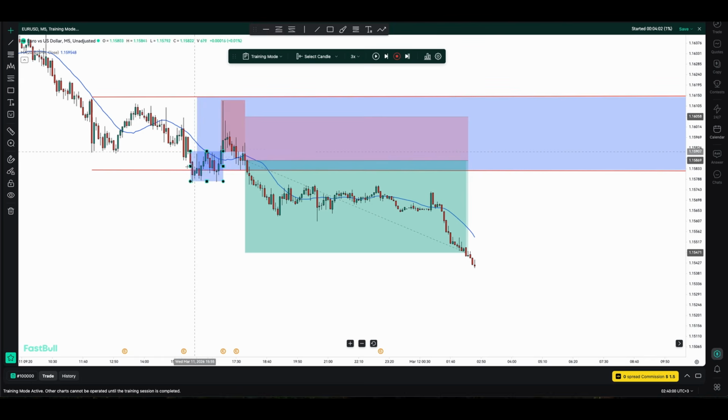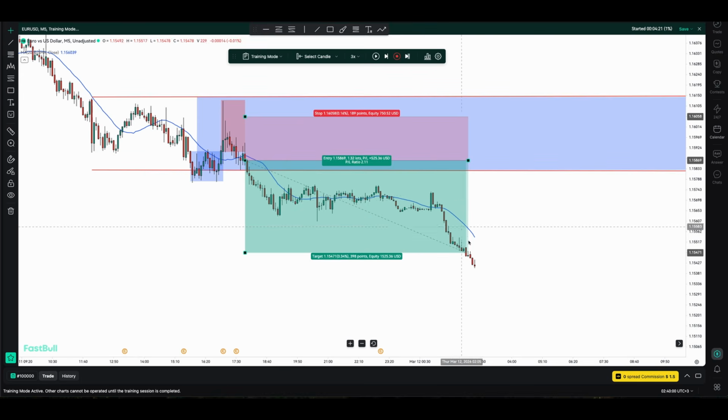You see that there was accumulation here, and then there was a manipulation there above the moving average, and then when price breaks below the moving average, we know that the distribution phase is starting. So we also start to get in from there, right? And then we can hold the trade as the market goes through the distribution.